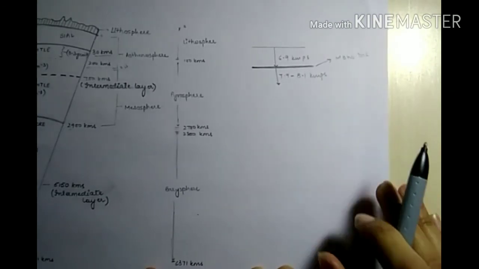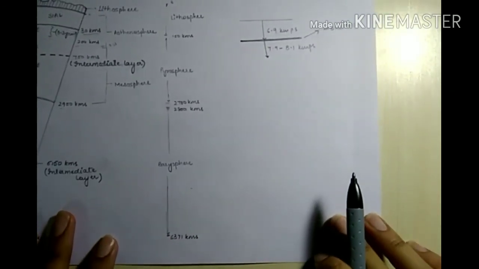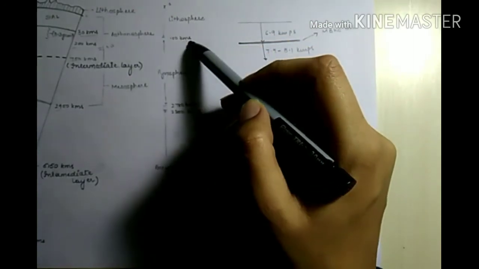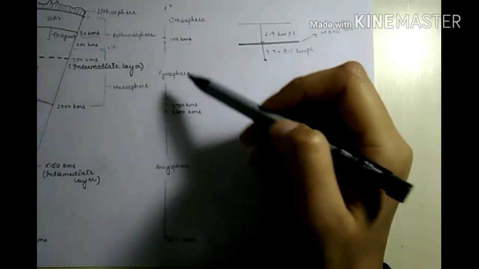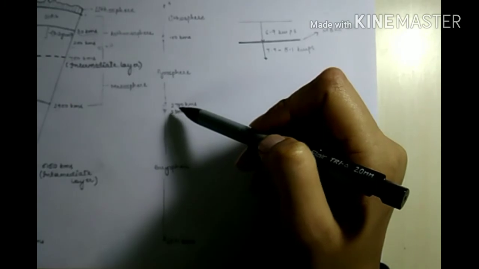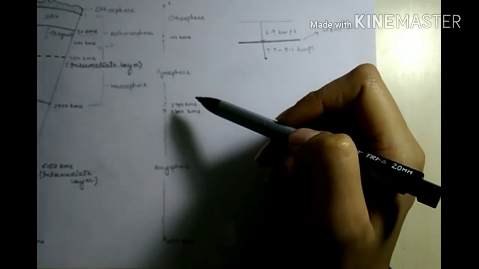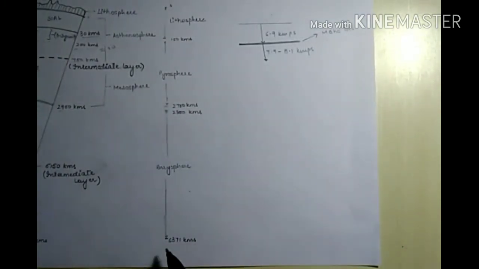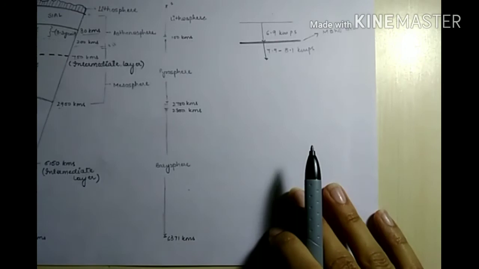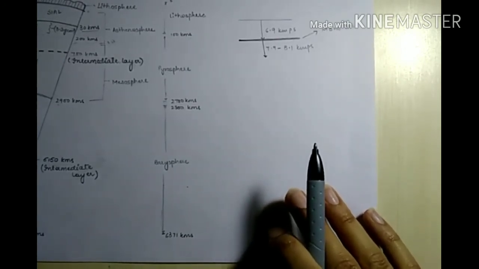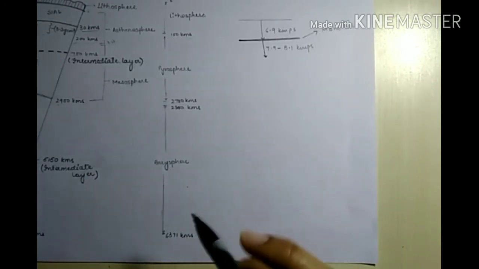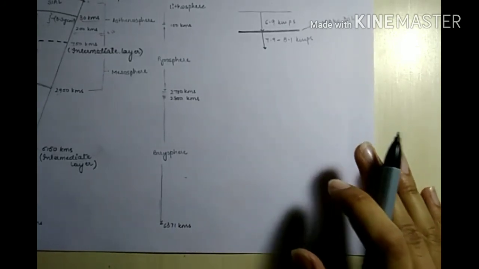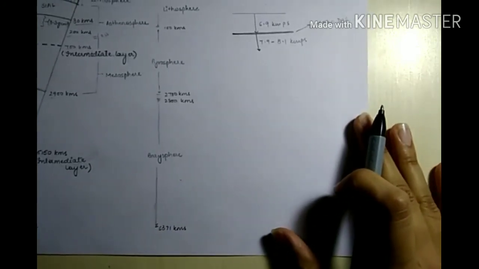There is one more division of Earth. The lithosphere is from 0 to 100 kilometers. Then from 100 to 2780 kilometers is the pyrosphere, and from 2800 kilometers to 6371 kilometers we have the barysphere.